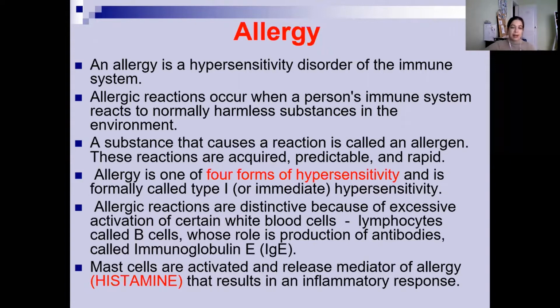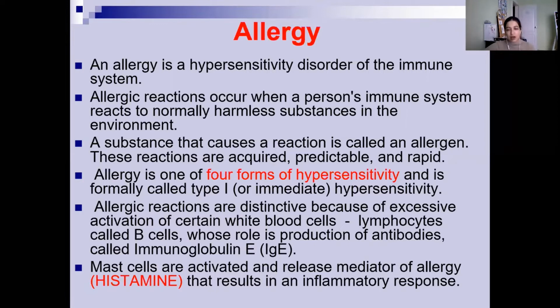Allergy is one of the 4 forms of hypersensitivity, and it is formally called type 1 immediate hypersensitivity. Allergic reactions are distinctive because of the excessive activation of certain white blood cells, lymphocytes, B cells actually, whose role is production of antibodies called immunoglobulin E, IgE.